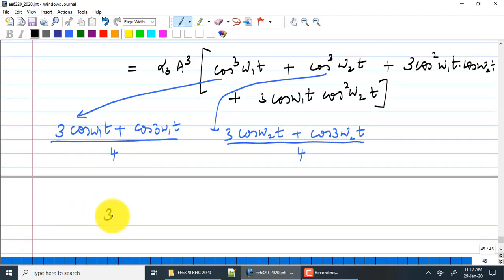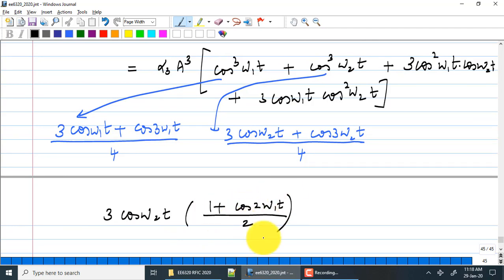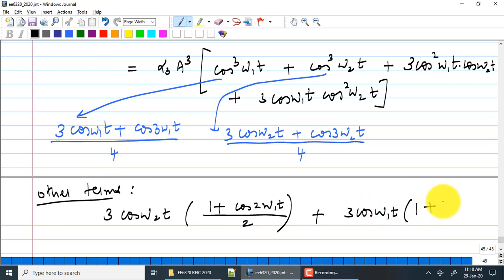So you get cos omega 2t into what is cos square omega 1t? 1 plus cos 2 omega 1t by 2. I'll just make a note that these are the other terms. Is that okay? So far so good.